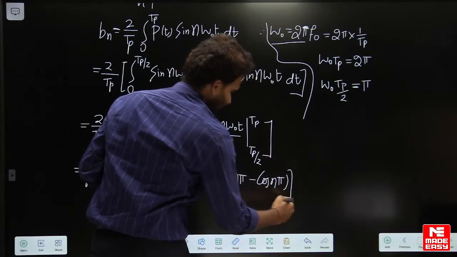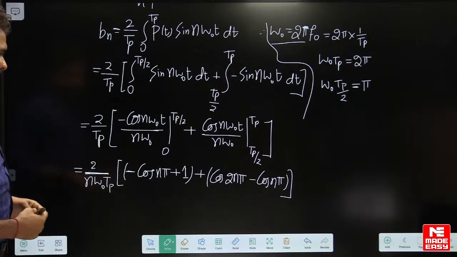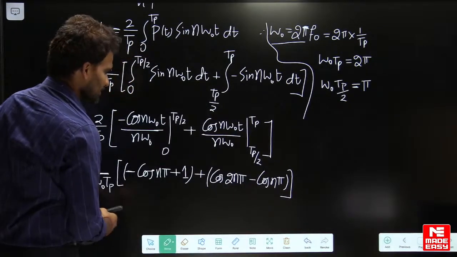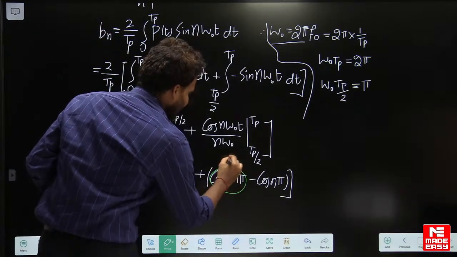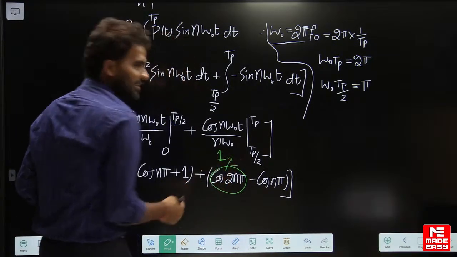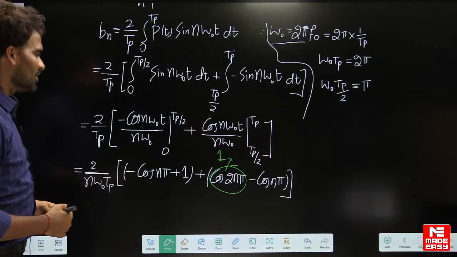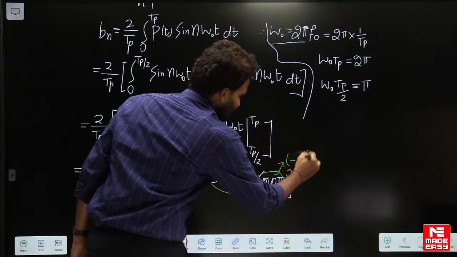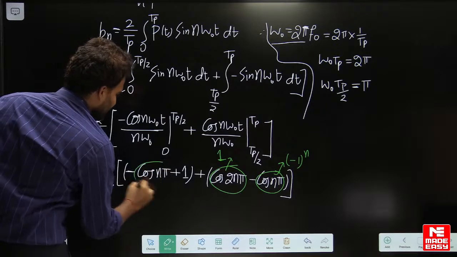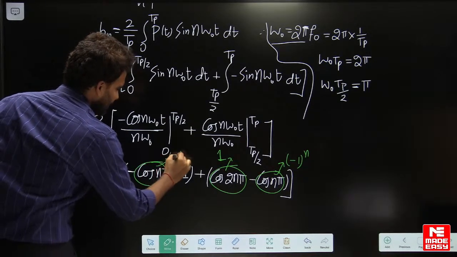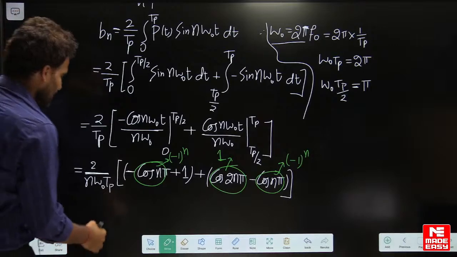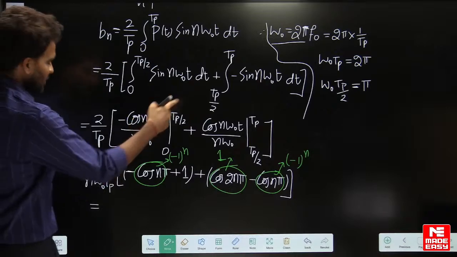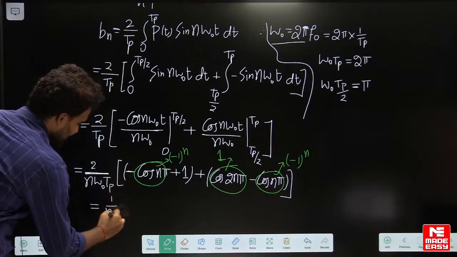So cos 2n pi will be equal to 1, as n can be any integer, and cos n pi will be minus 1 power n. If you substitute that, this is 1 by n pi.